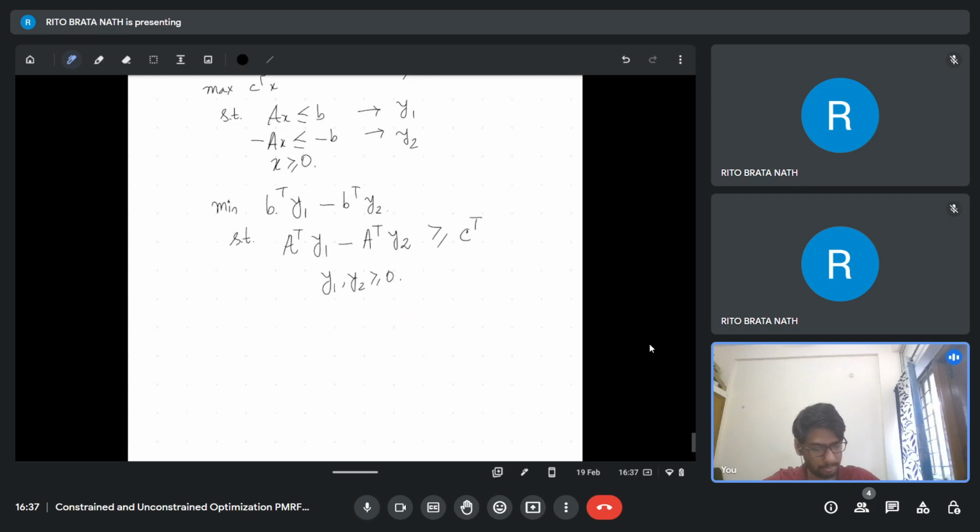What you can now notice is that you can take B transpose as common, and from the constraints also you can take A transpose as common.